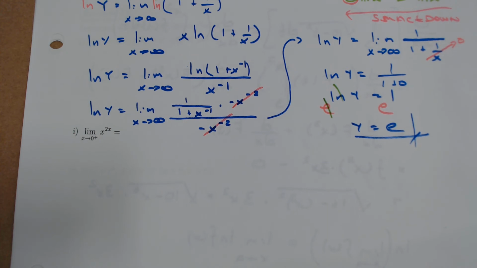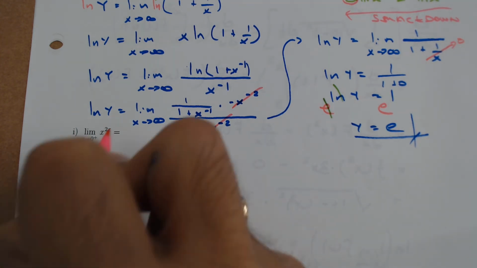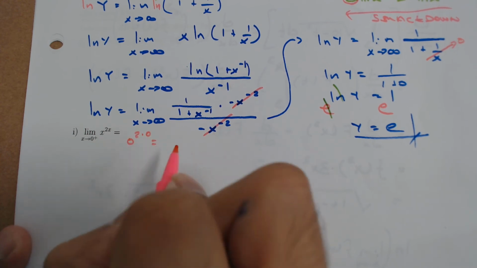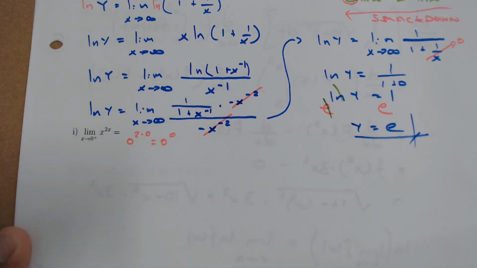All right, let's have a look at letter I and see what's the indeterminate form in the first place. So let's see. Let's substitute 0 to the 2 times 0, and that's a 0 to the 0 power, which is a good indeterminate form.